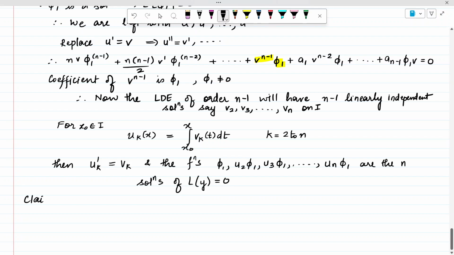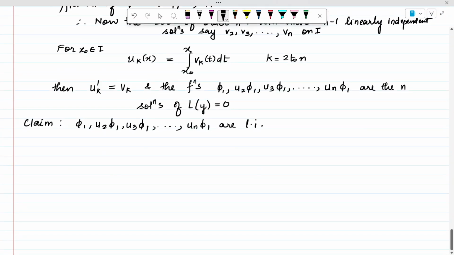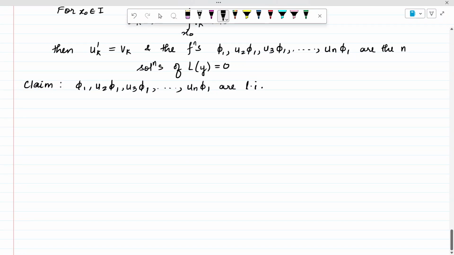Okay, we claim that these phi 1, u2 phi 1, u3 phi 1, un phi 1 are linearly independent. So how do you start with the linear independence? We start with the definition. We consider C1 phi 1, C2 U2 phi 1, C3 U3 phi 1, Cn Un phi 1.